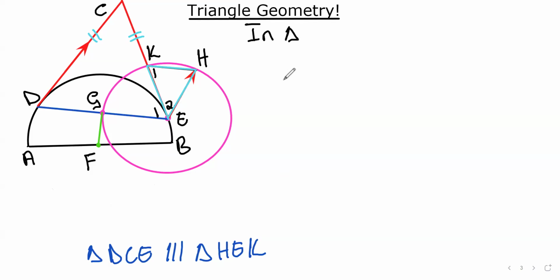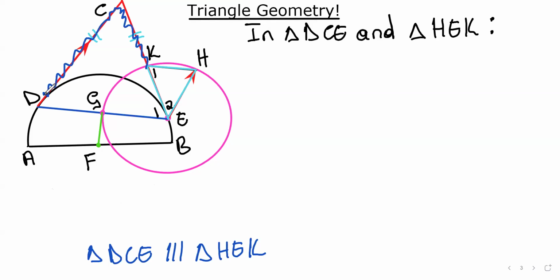Well, of course, we begin where we should begin. So we say, in triangle DCE, as well as in triangle HEK, what is happening? Well, since we can see a Z here, because these two lines are parallel to each other, so we have a Z shape. Then it means angle C must be equal to angle E2.